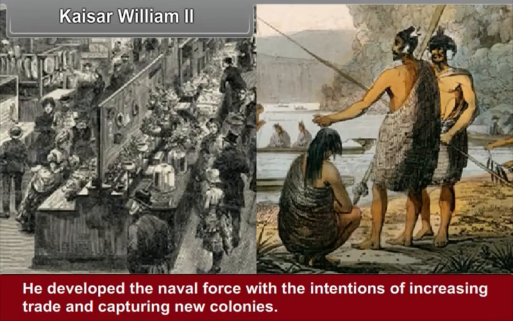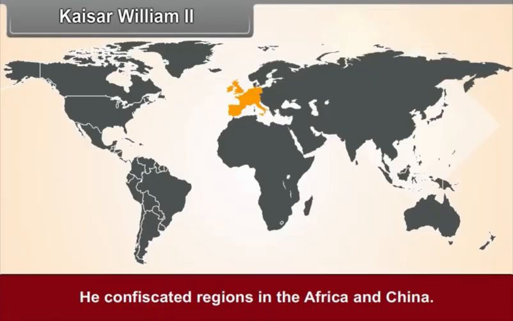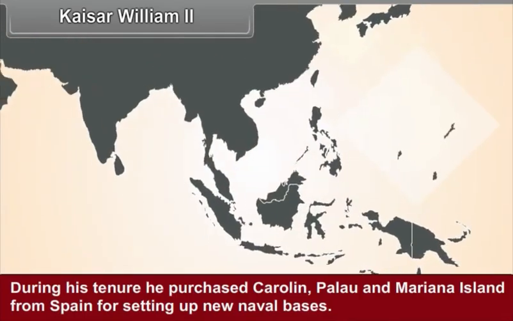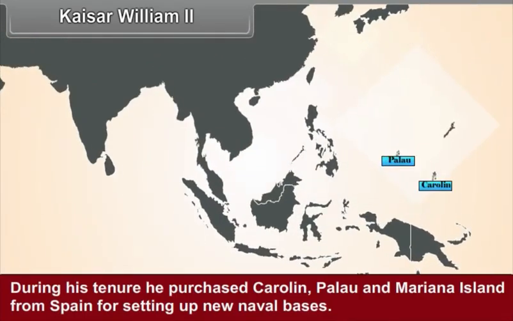He developed the naval force with the intentions of increasing trade and capturing new colonies. He confiscated regions in Africa and China. During his tenure, he purchased the Caroline, Palau and Mariana Islands from Spain for setting up new naval bases.